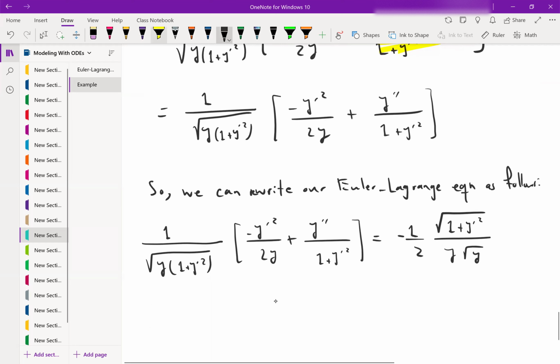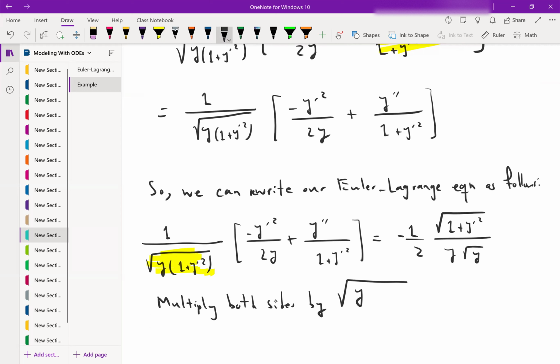Let me multiply both sides by this guy so that I get rid of this in the denominator. Multiply both sides by a square root of y times a square root of 1 plus y prime squared. It will be clearer what's happening if I write it like this.